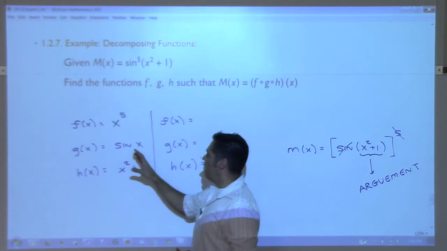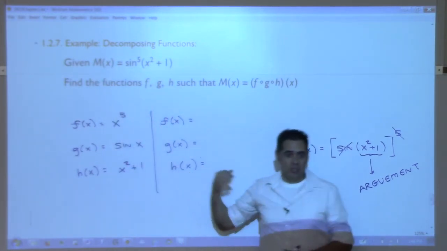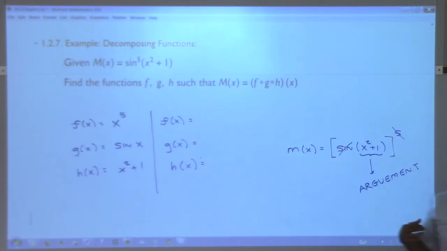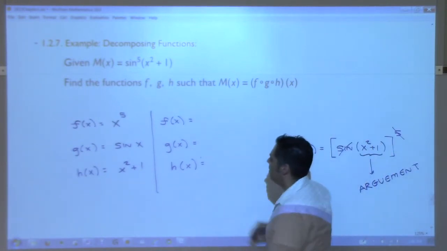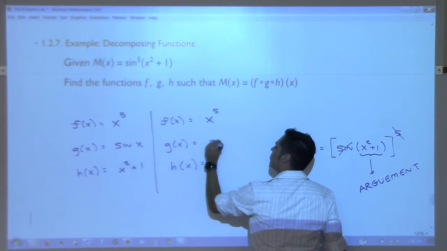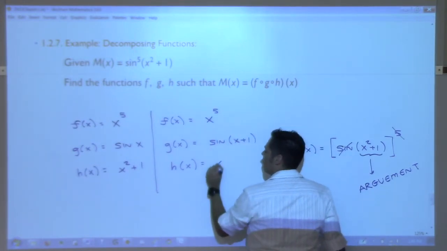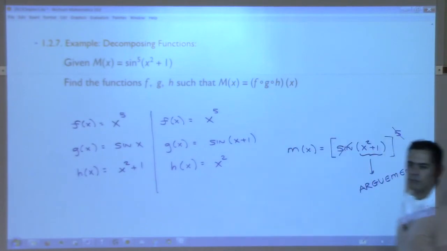Well, I'm saying you'll get capital M still. When you're done doing composition, you'll get capital M, but it won't be the same f, g, and h. Well, they won't all be identical. Because of time, let me see if you believe this. Would that work?